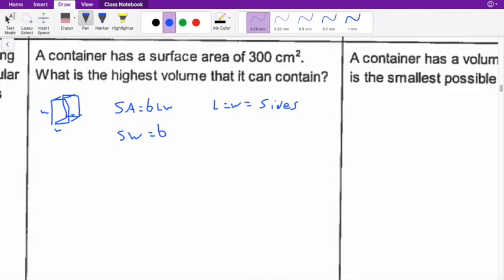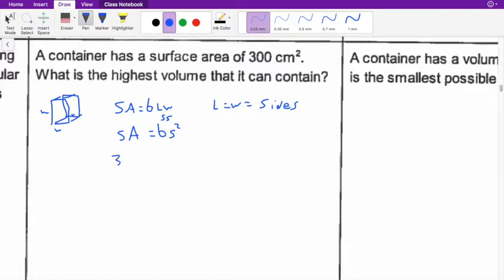Equals, so length times width, or S times S. S times S is going to be S squared, right? So we can have our formula here. Surface area equals 6S squared.